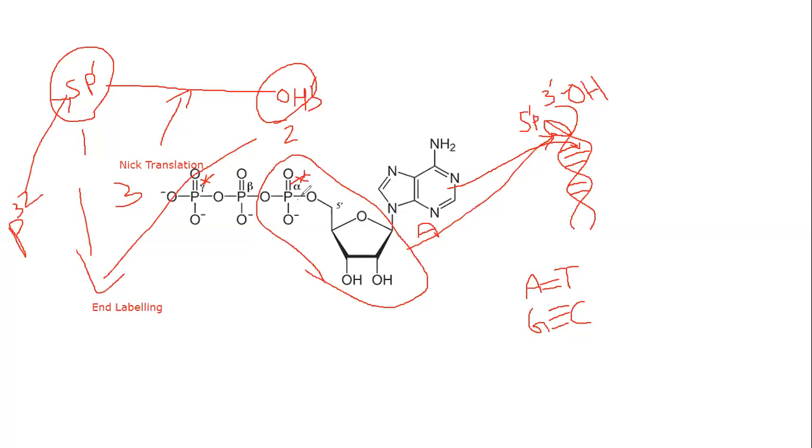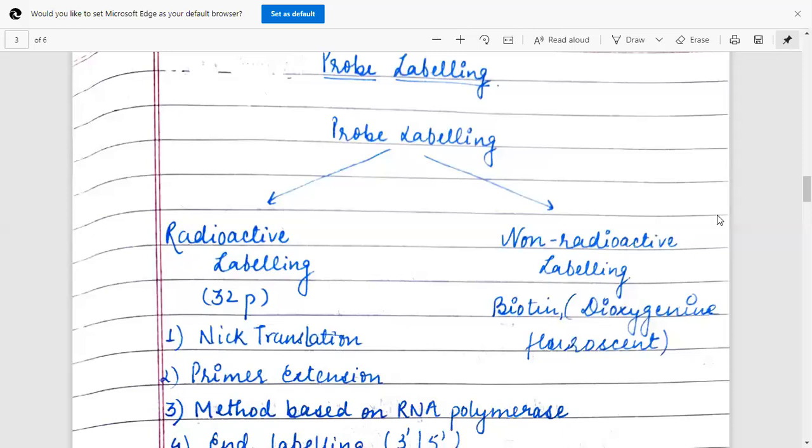So this should be labeled. We will discuss how it is going to be incorporated in between, and all the DNA strand can also be labeled. So here there are various ways of probe labeling.